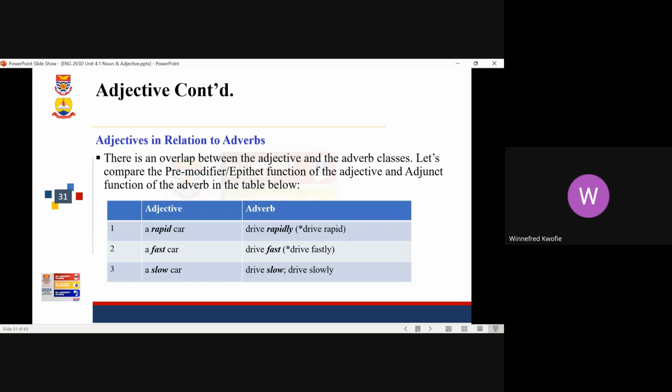Now, in the first one, you see that rapid there is modifying the noun car. Which car? A rapid car, or the rapid one. So rapid there is referring to the car. In that case, because car is a noun, it becomes an adjective. But drive rapidly, you see that rapidly is referring to the manner of driving. Okay, so in this case, rapidly becomes an adverb.